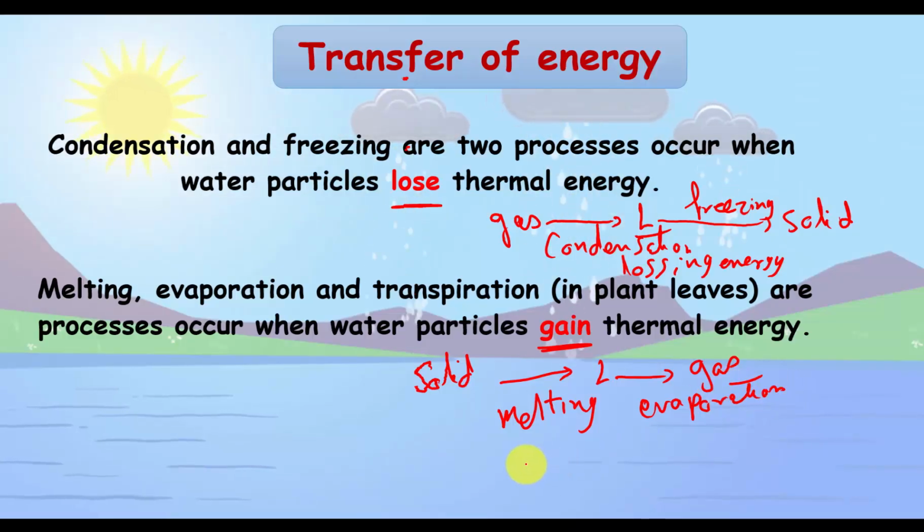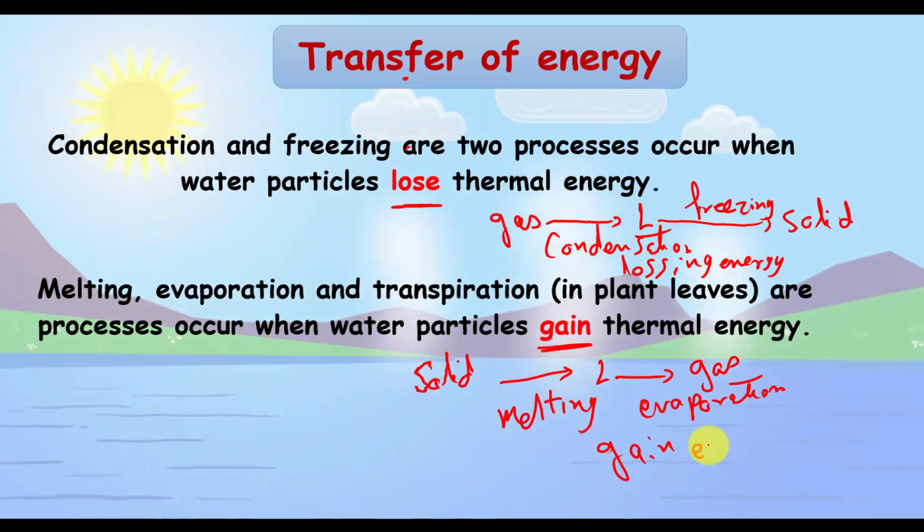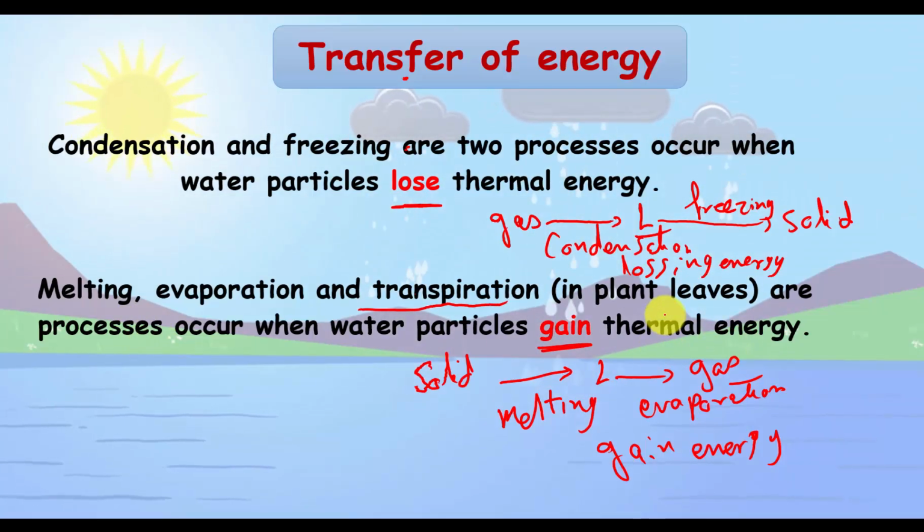These two processes are combined with gaining thermal energy, or gaining energy. There is a process also in plants called transpiration. It's like sweat in the human body. So these processes are combined with gaining thermal energy.